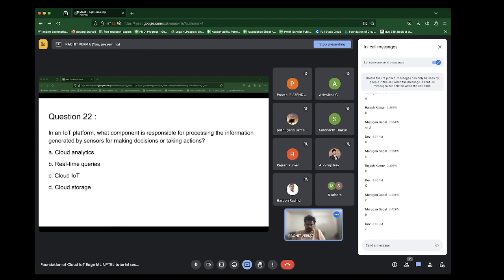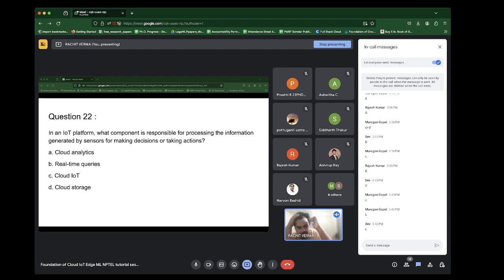Okay, so between B and C, there is some confusion, between real-time queries and cloud IoT. So which of these are components of the IoT platform, right? Even if you just think about that, directly in the slides, which of these have been seen to be components of the IoT platform.